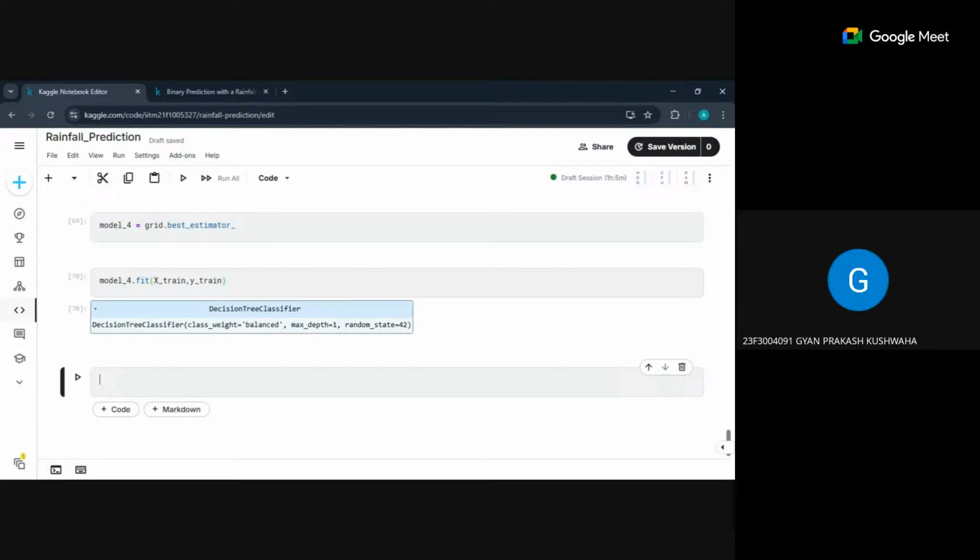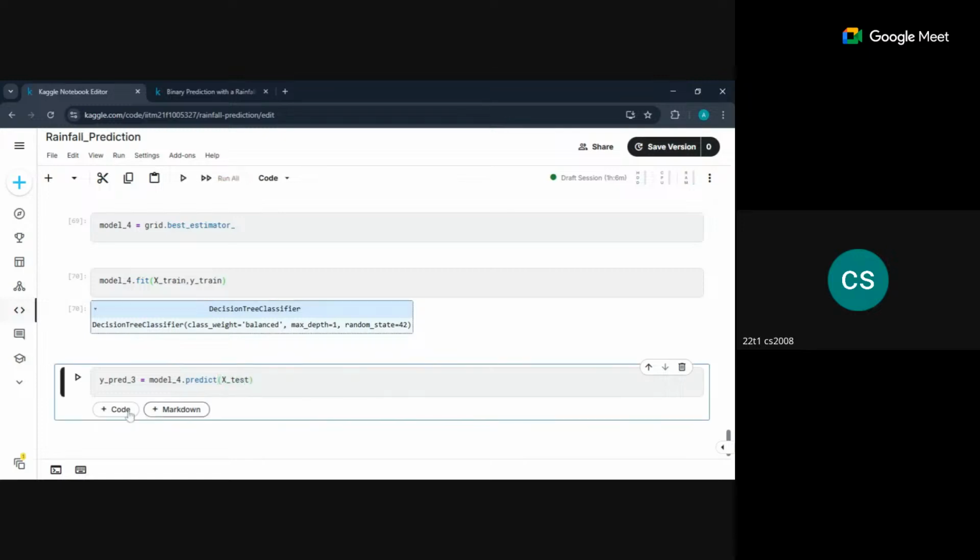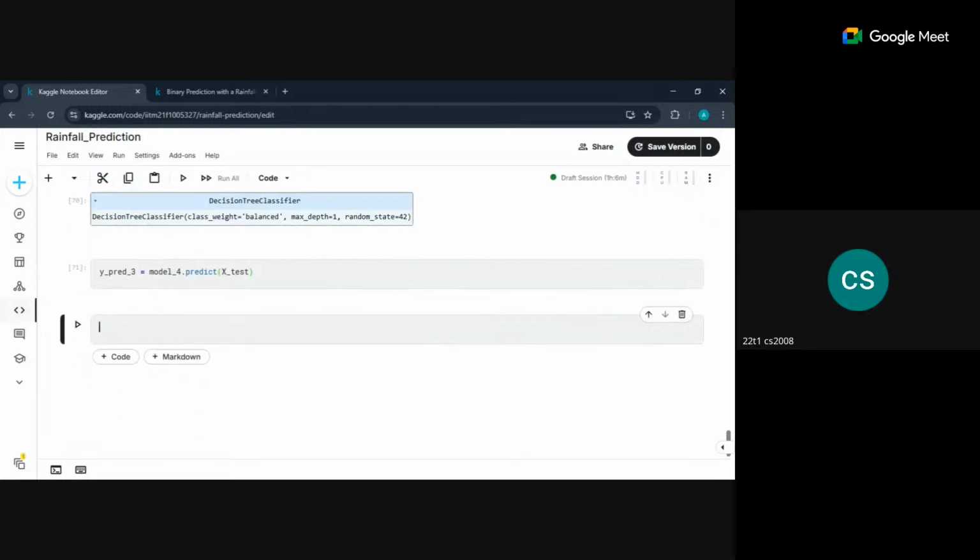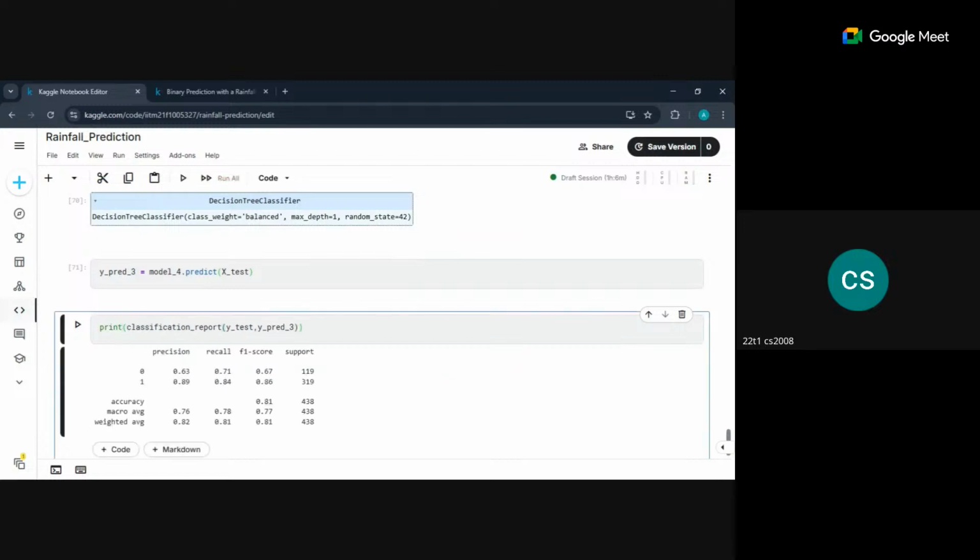Okay. So let's call this y grid, model 4 dot predict. Again, we have our classification report code. y grid 3. Not that much of an improvement.